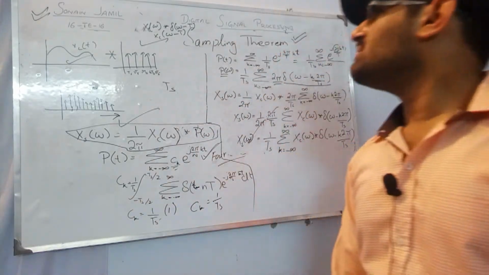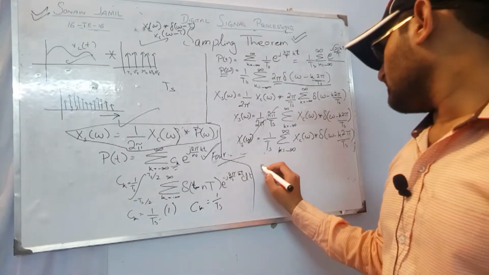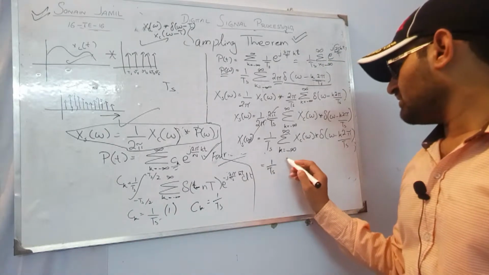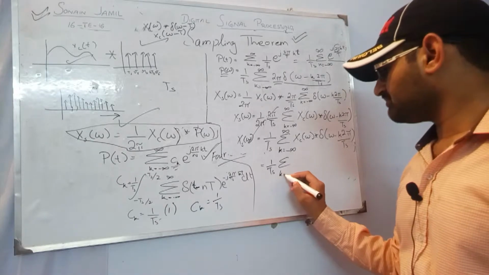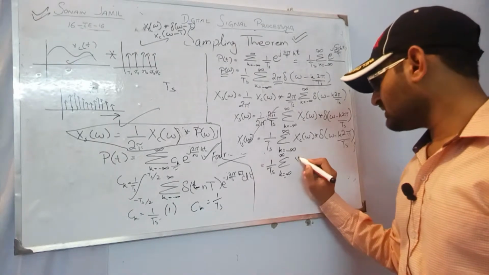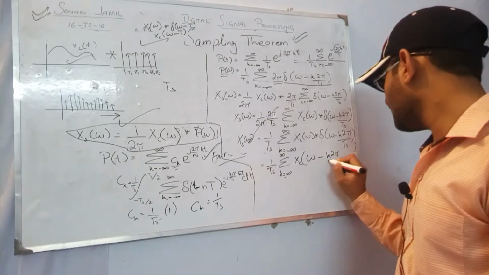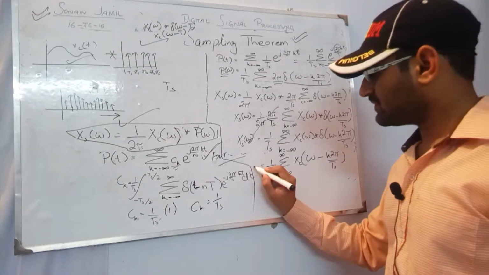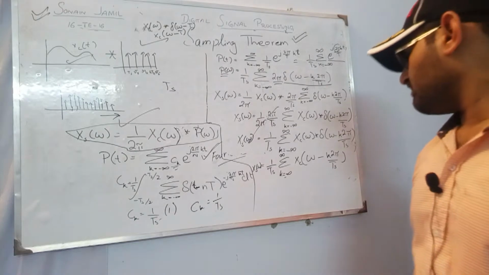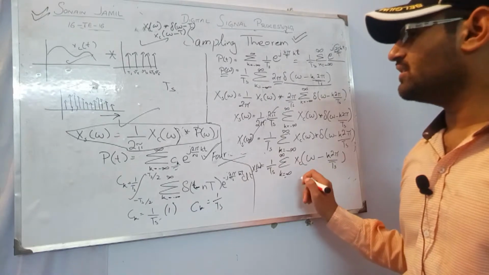The amplitude is multiplied according to the signal. So the final result would be X c of omega minus k 2 pi over Ts. So the sampled signal will be like this one according to this.